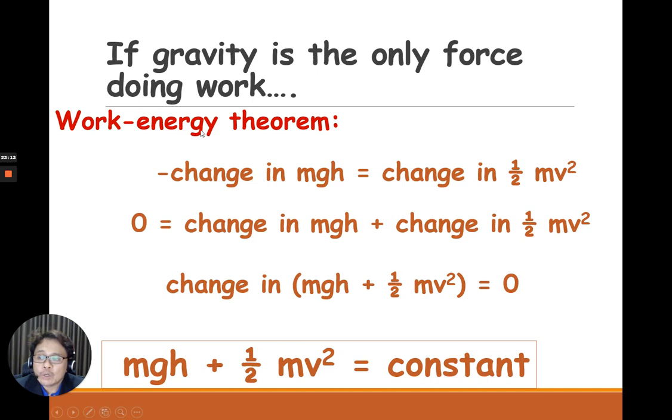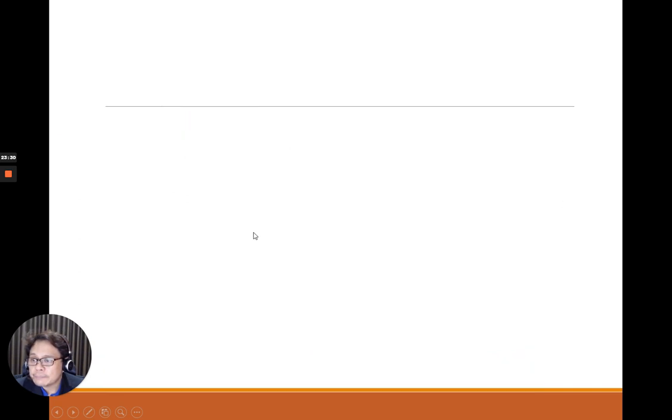This is the complete version of the work energy theorem. So taken into account yung change in potential energy and also the movement of the object if the object is moving. Okay, let's have a sample problem on this.